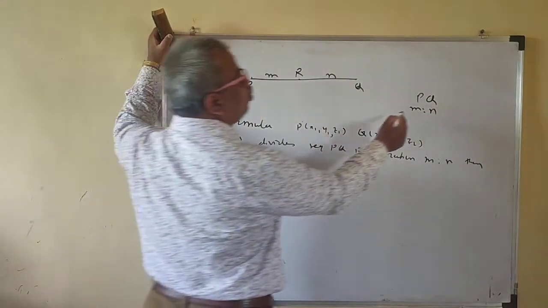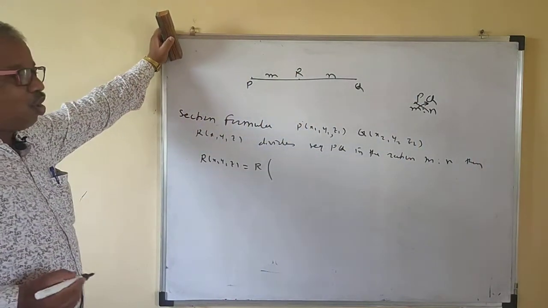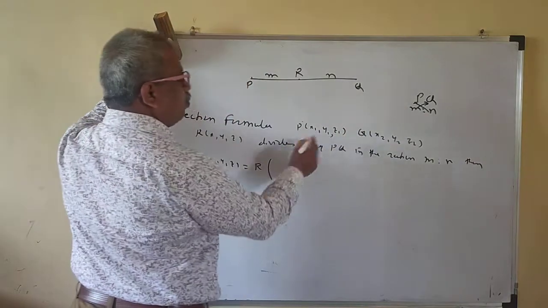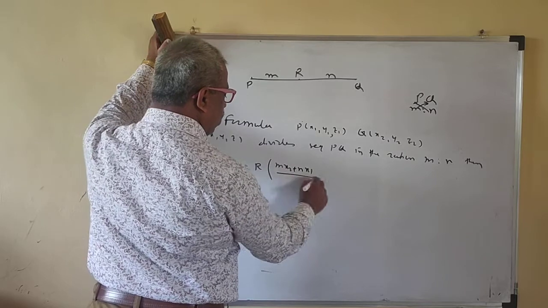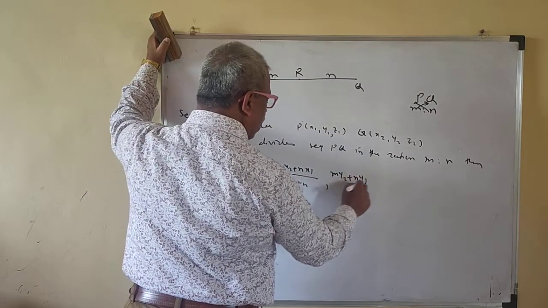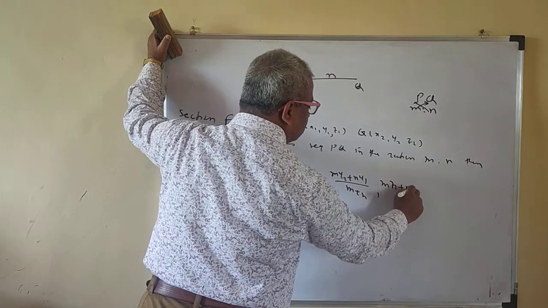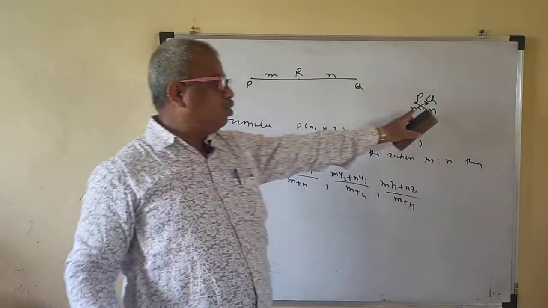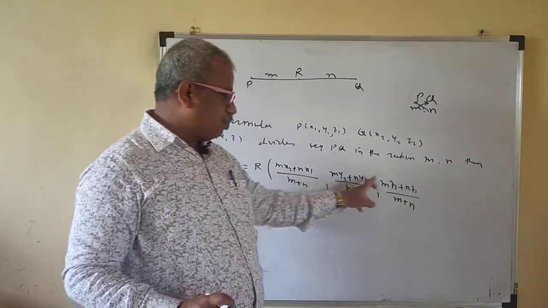Then multiply m to Q and n to P, and you get the coordinates of R. So R is (m x2 plus n x1 upon m plus n, m y2 plus n y1 upon m plus n, m z2 plus n z1 upon m plus n). That means you have multiplied m to the coordinates of Q.